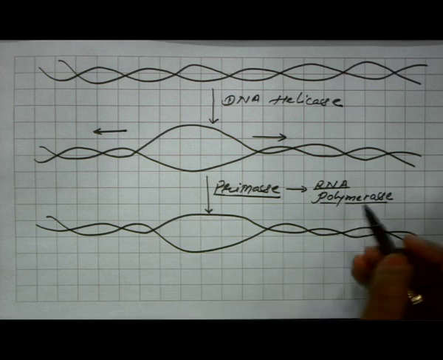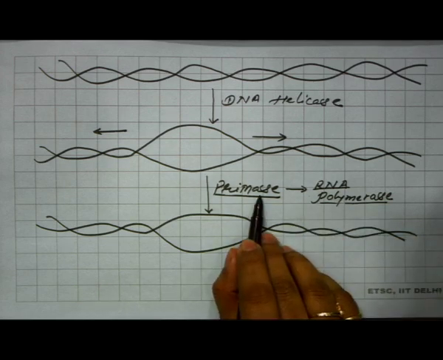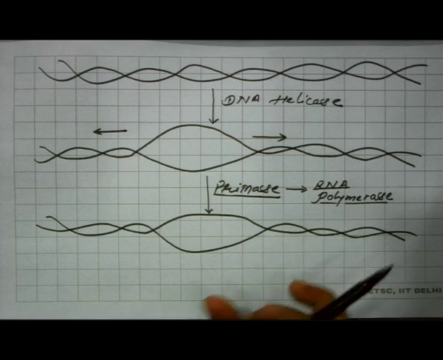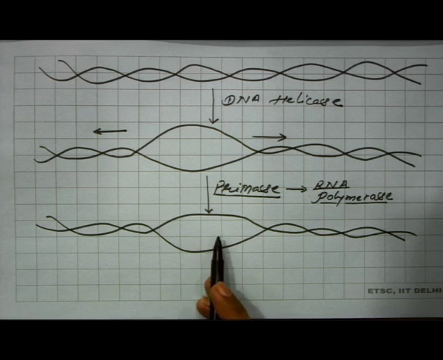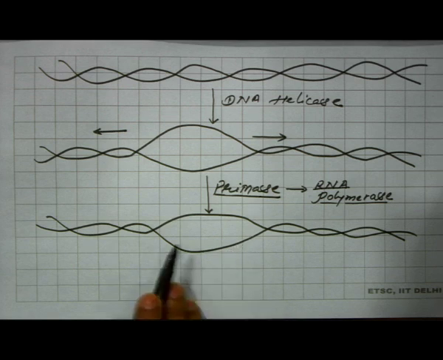Because of this, the primase enzyme will synthesize a short segment of single stranded oligonucleotides and provide a free 3' end to the DNA polymerase, so that the DNA polymerase can bind nucleotides at the 3' end.